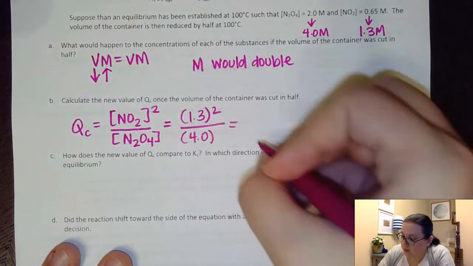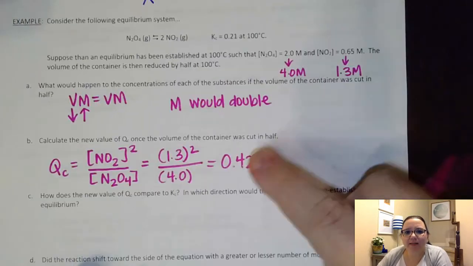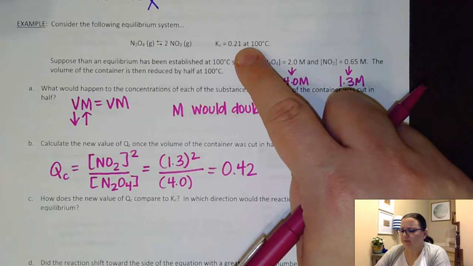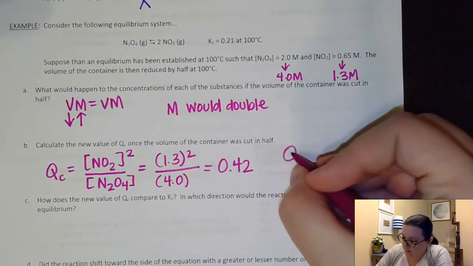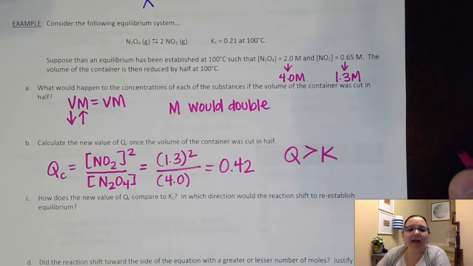And when I plug in all those numbers, that gets me a value of 0.42. So what that means is that my original ratio that I want is 0.21, but now my ratio has jumped up to 0.42. So my Q is bigger than my K. And as we know, that can't happen.